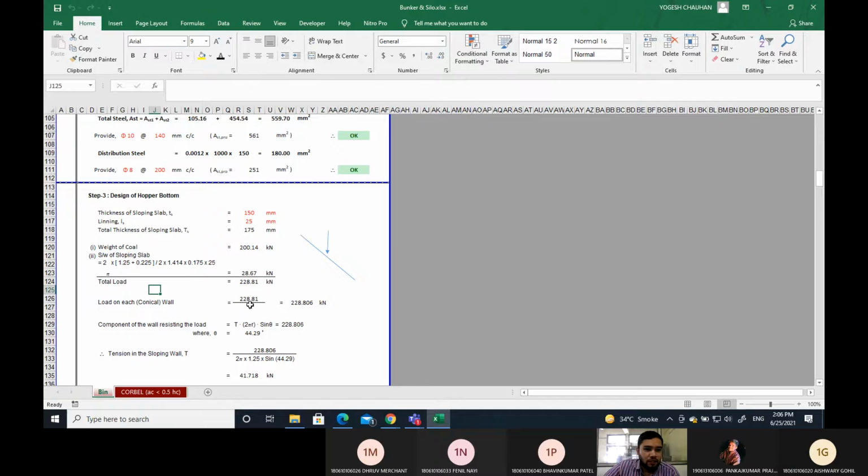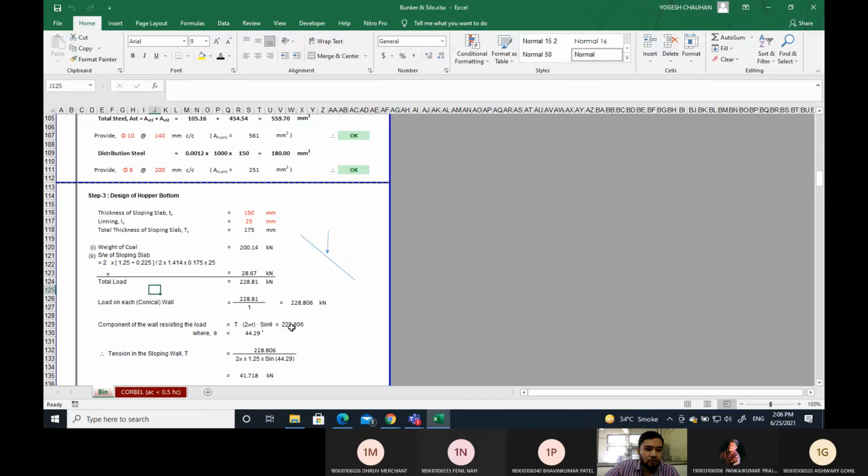The total load on the conical wall changes too, and the component of this wall resisting the load, in case of a conical dome, will be t into 2 pi r into sine theta.